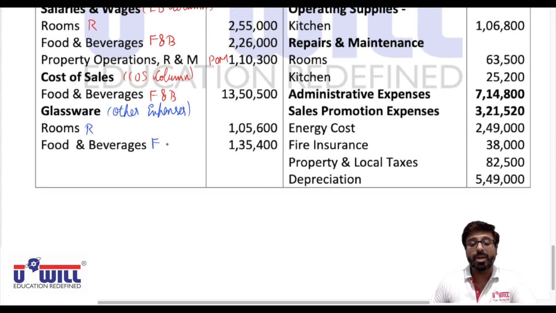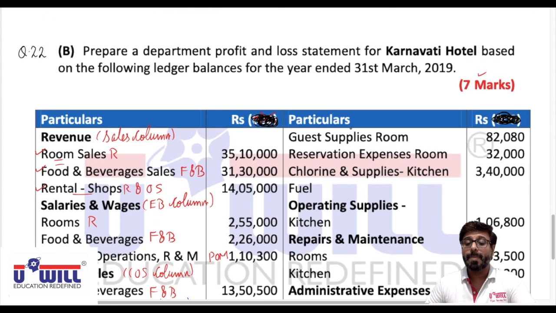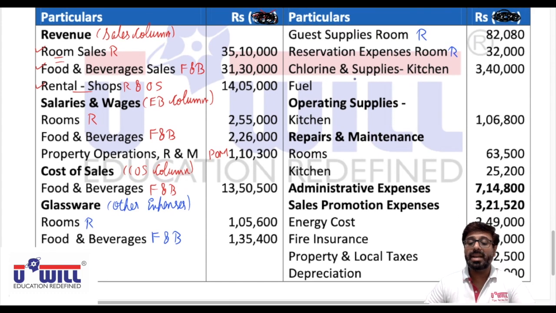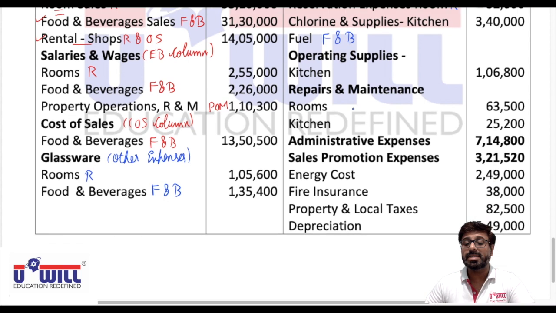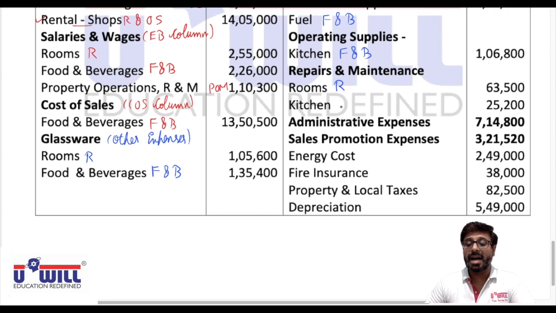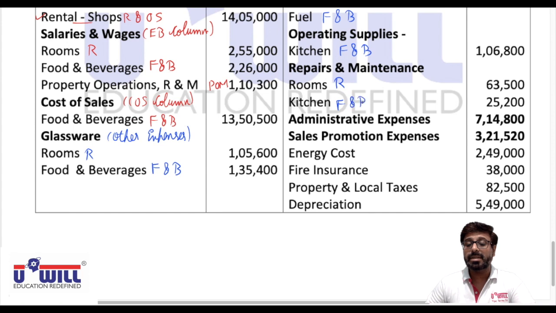Rooms, food and beverages, F&B. Guest supplies of room, reservation expenses of room, chlorine, and supplies of kitchen fuel. So F&B, kitchen fuel will come in food and beverages. Operating supplies of kitchen, food and beverages. Repairs and maintenance of rooms, kitchen, food and beverages.